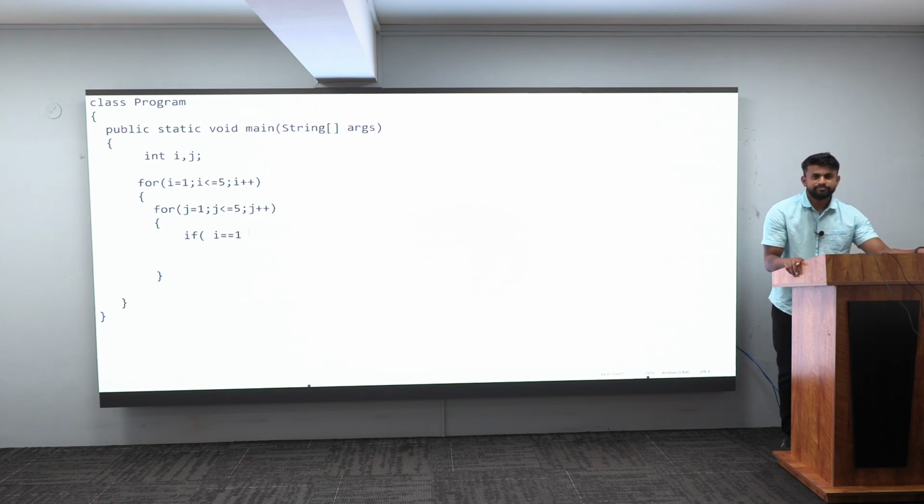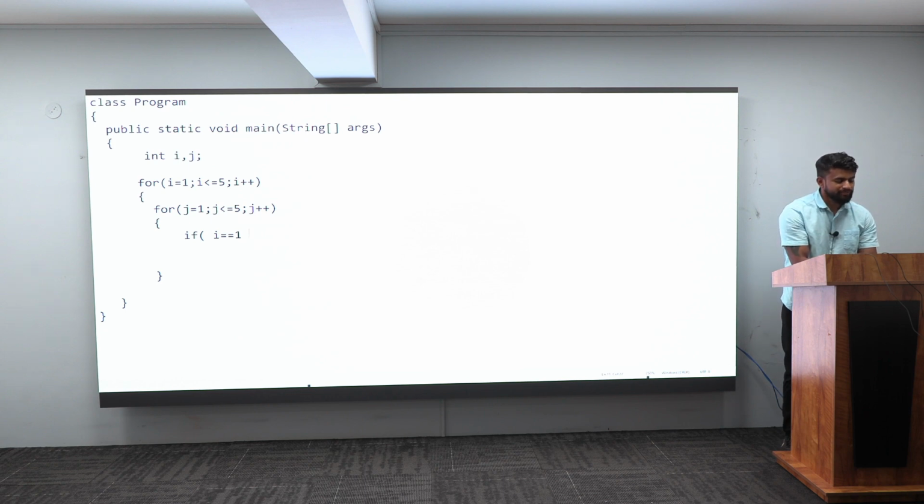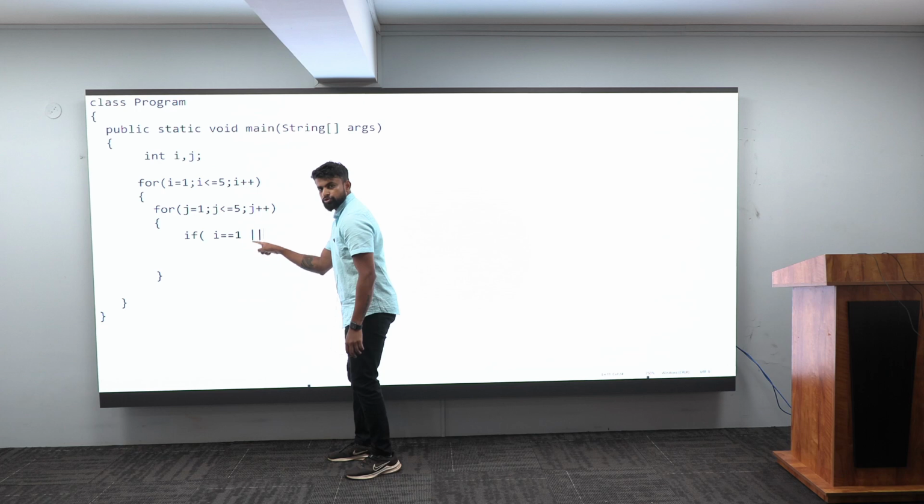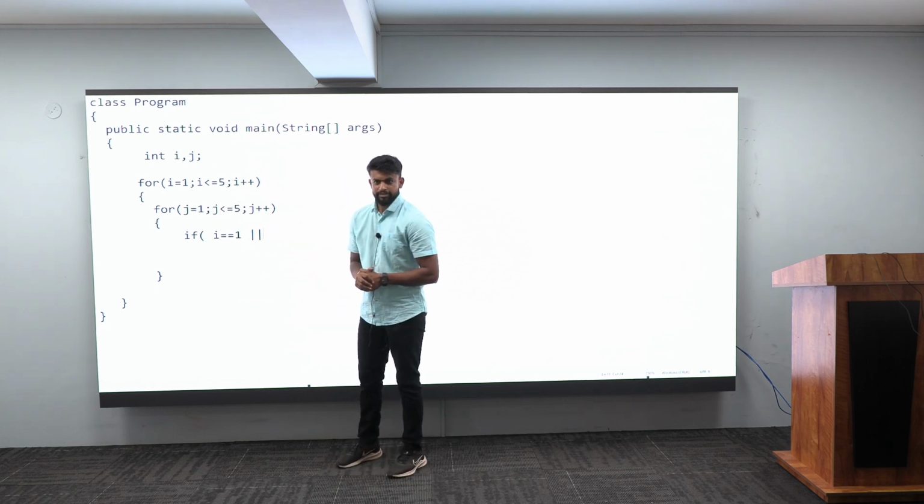What is next? Or. In English, how you tell or? OR. In Java program, you should tell or with the help of this. What is that, sir? You should tell 2 straight lines like this. The meaning is or. Sensing this much?